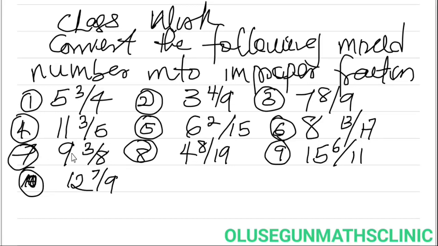Number 7, 7 whole number 3 over 8. Number 8, 4 whole number 8 over 19. 9, 15 whole number 6 over 11. 10, 12 whole number 7 over 9.